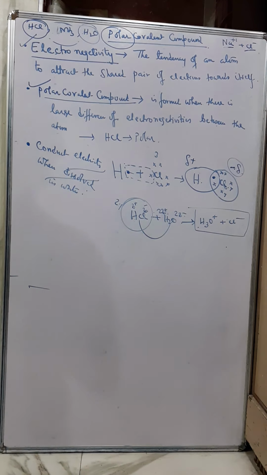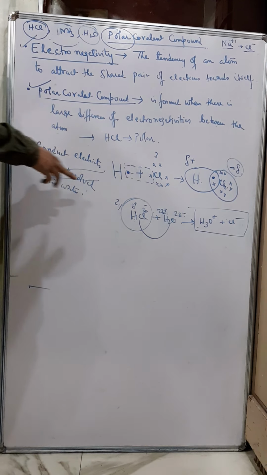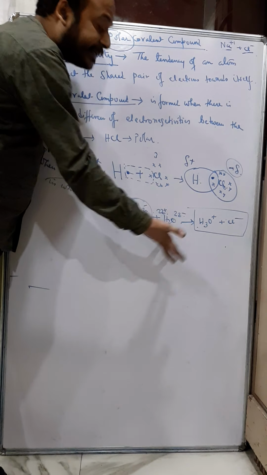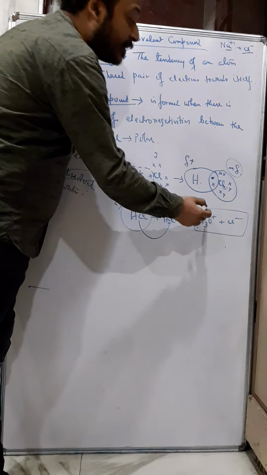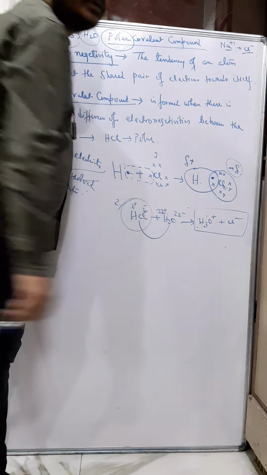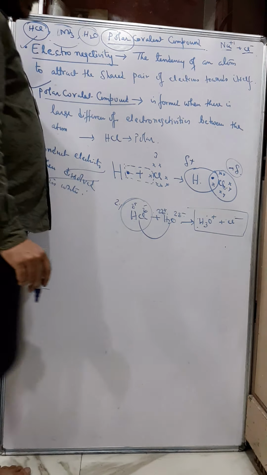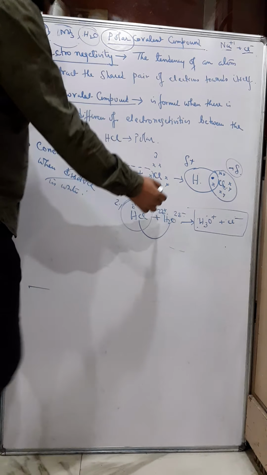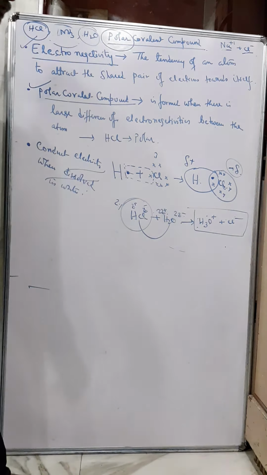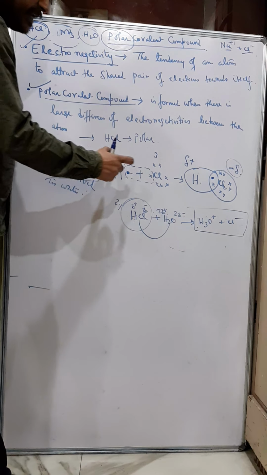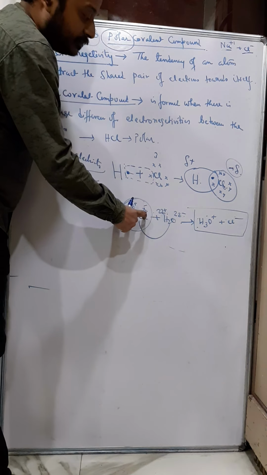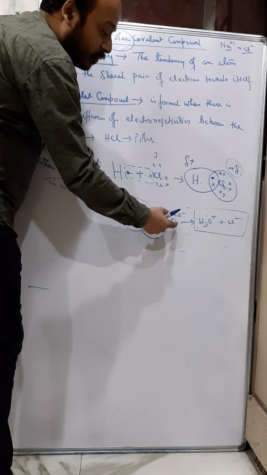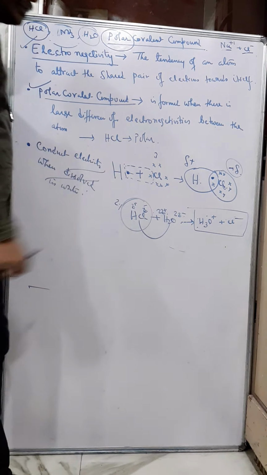Okay. So in fact, polar covalent compounds, when dissolved in water, conduct electricity due to the formation of ions. This process is called ionization, because there is a formation of ions. So when a polar covalent compound dissolves in water, water itself is a polar covalent compound.